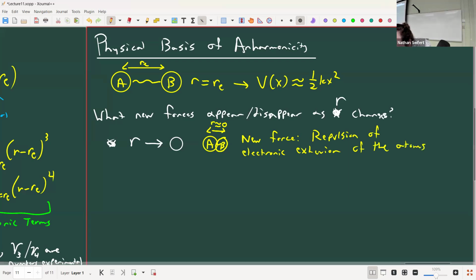Remember what an atom really looks like. If I zoom in a bit, if this is the atom A, inside of this atom there's a tiny little nucleus of positive charge, and then there's a negative shell on the outside.